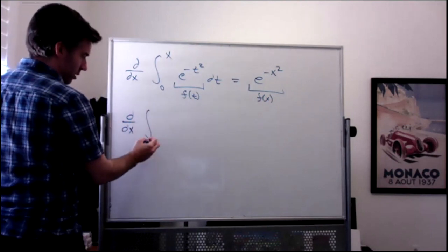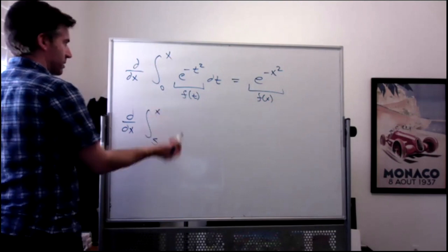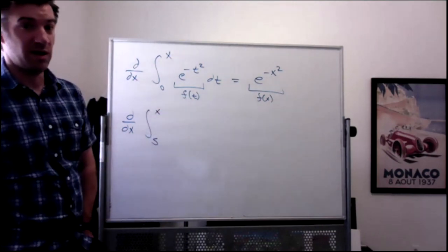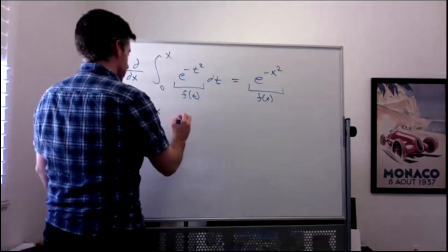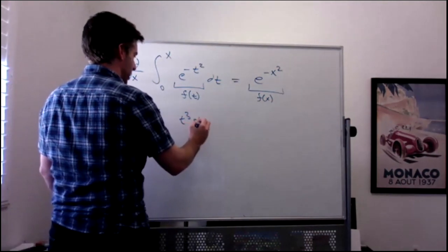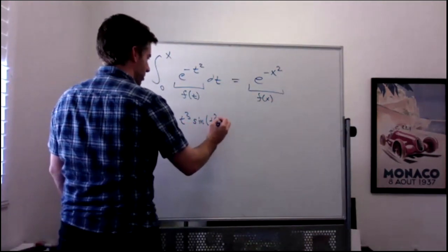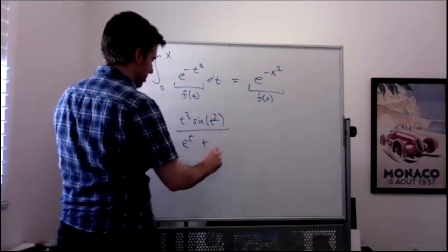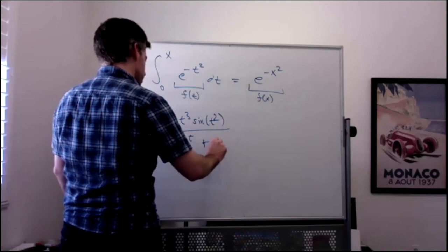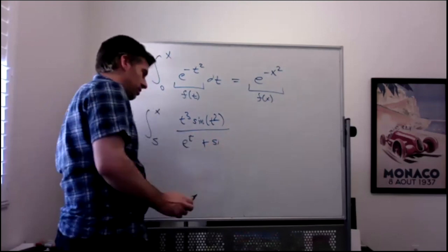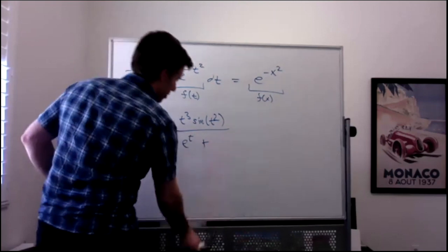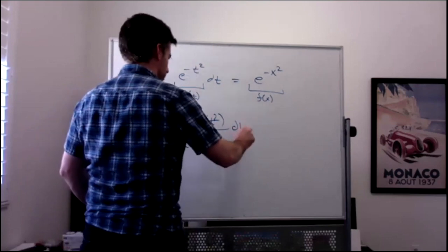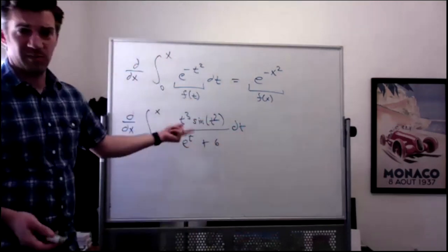I want to do 5 to x, something really convoluted and messy looking, like t to the 3rd times sine of t squared over e to the t plus 6. This is probably impossible to integrate.